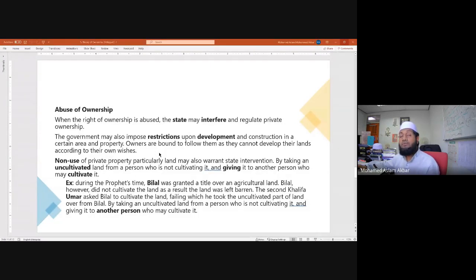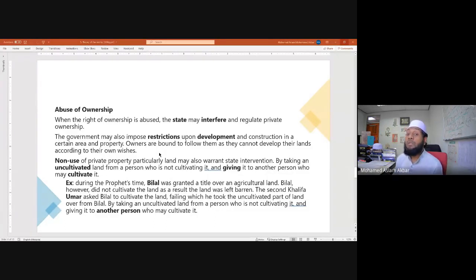He said, you have to give me back your land. Everybody said, how can you ask Bilal? Because the land was given by the Prophet Sallallahu Alaihi Wasallam. He said, no, it's all right. Because if someone not cultivating, not cropping, I mean not using the land, the land must be taken.